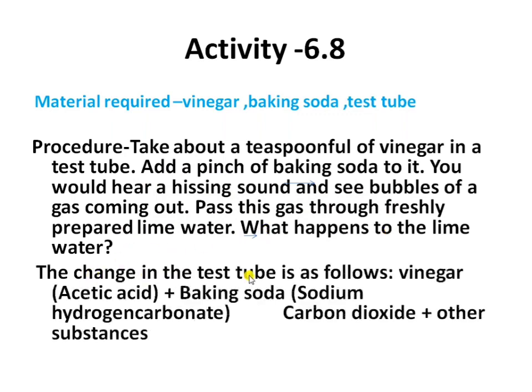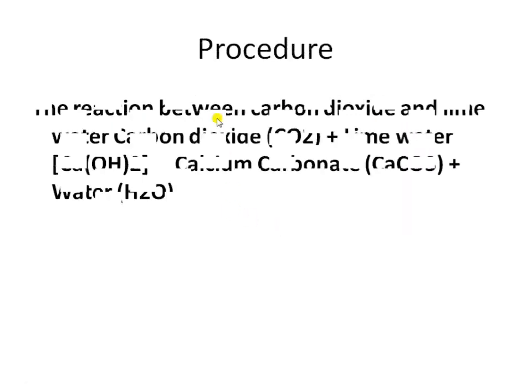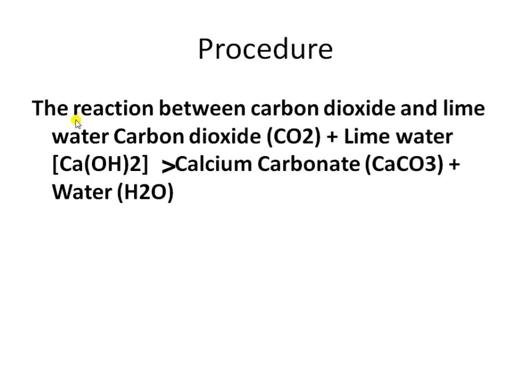The change in the test tube is that when the vinegar reacts with the baking soda, carbon dioxide and a few other substances are formed. The reaction between the carbon dioxide and the lime water is: when carbon dioxide reacts with lime water, it forms calcium carbonate plus water.